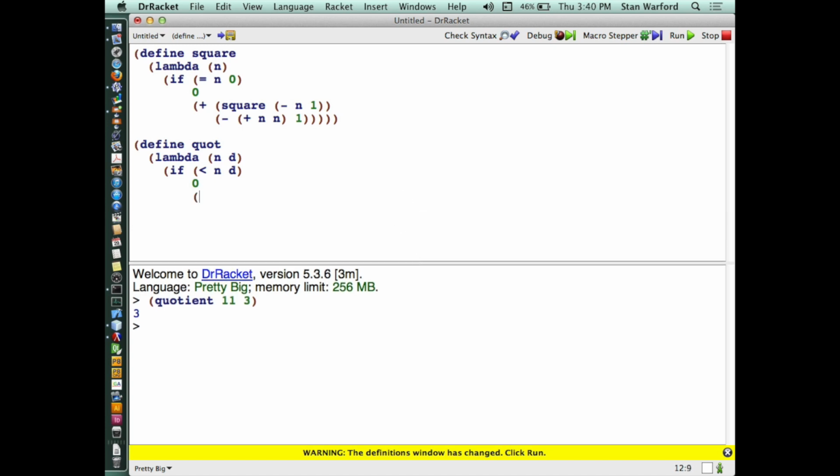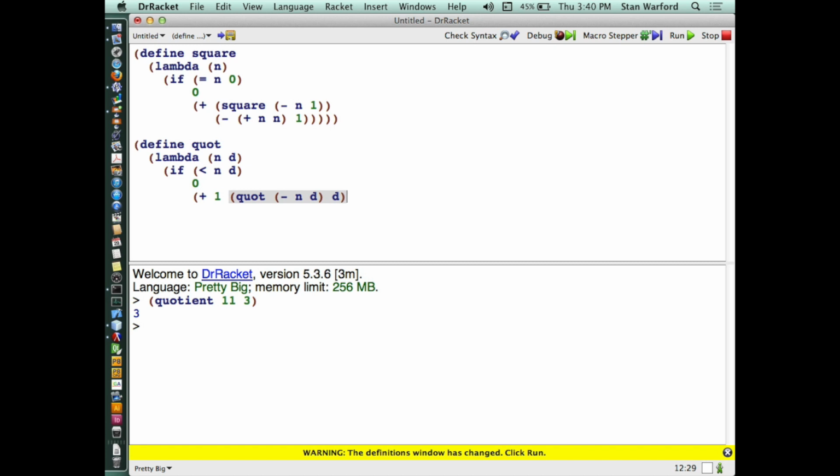Otherwise, let's see, 1 plus, 1 plus the quotient of, minus n d, d. Yeah, and then when we close that out, now you can see what's highlighted there. When we close that out, it's 1 plus that quantity, right?